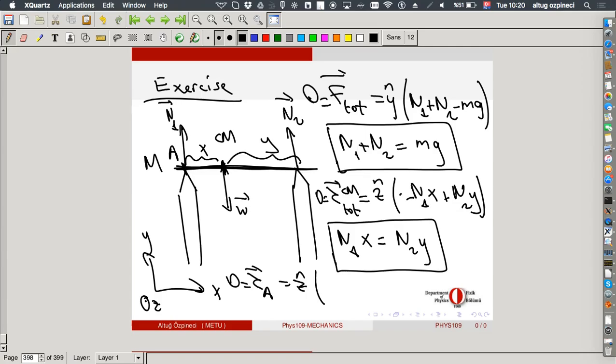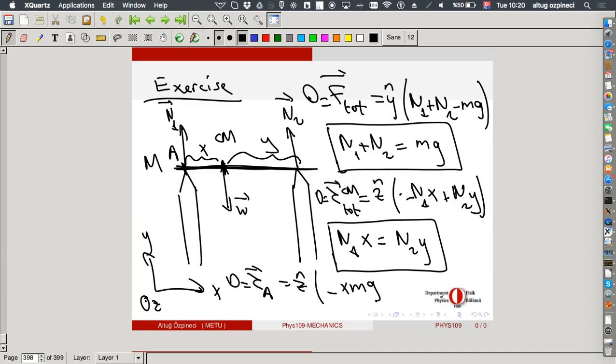This is the point A. This is the position of the center of mass. This is the direction of the force. So if you just imagine rotating the position towards the force, right-hand rule is into the screen. So it's in the minus z direction. Minus x times mg.